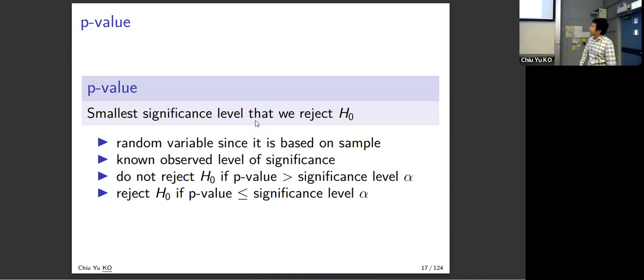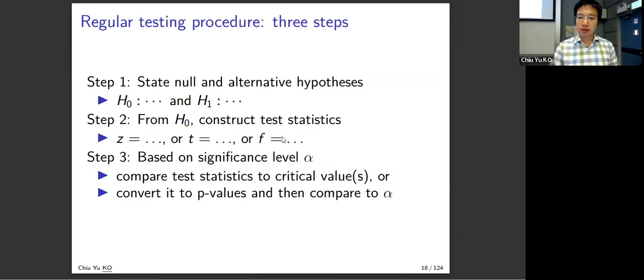Remember alpha is the significance level. That means we can decide alpha. And the p-value will be the smallest alpha that rejects H0. It will be more clear later when we introduce the rule. But let me tell you the procedure we will do for the rest of this chapter. We will state what H0 and H1 are, given from the question.